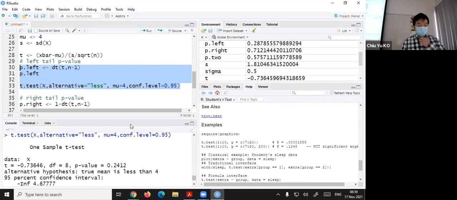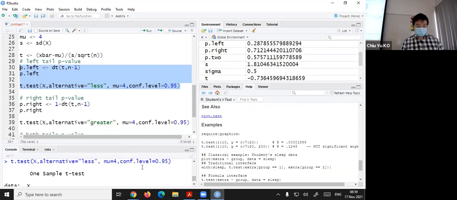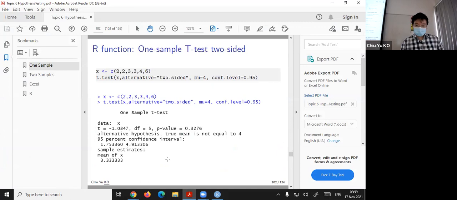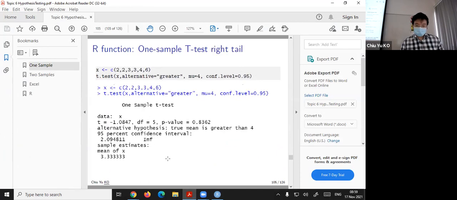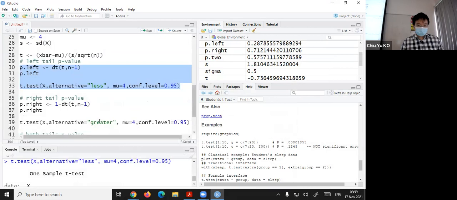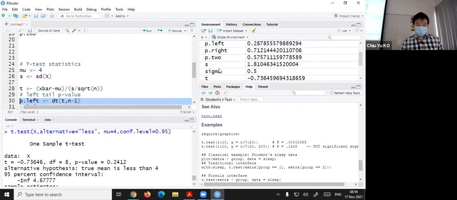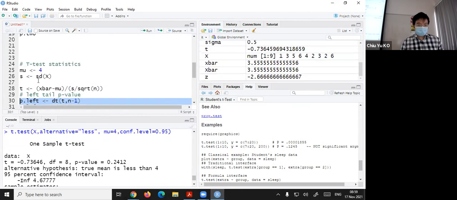I think there's some problem with the R when they calculate the t-test. But I will check out why they have some issue there. SD, right?